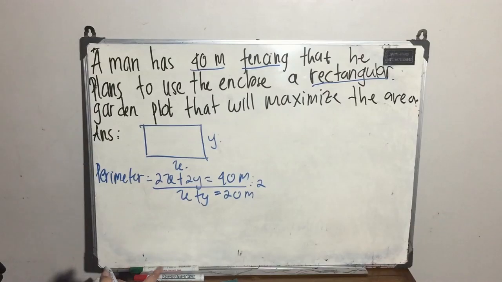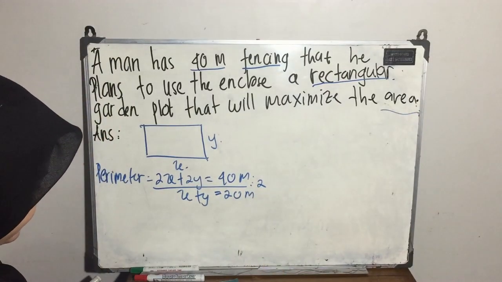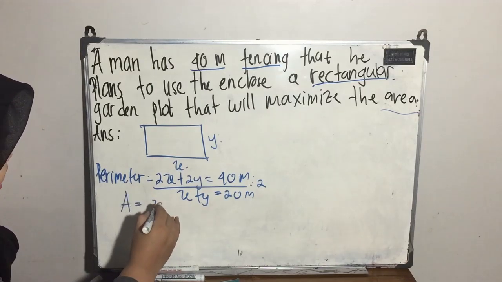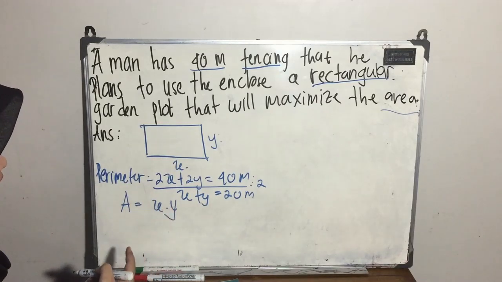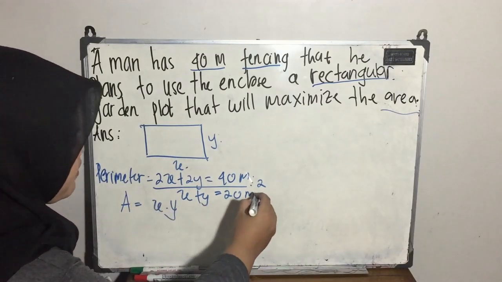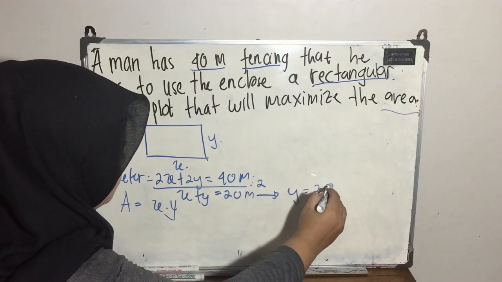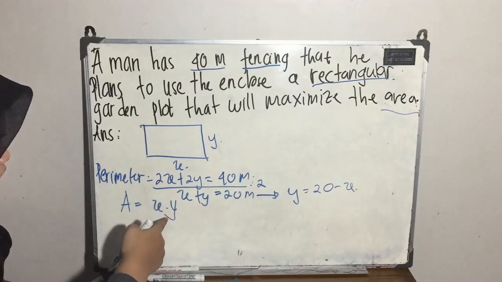Now we will find the area. How to find the area? Area is equal to x times y, everyone. So you can use this one to get y equals 20 minus x. So you can substitute y from here.